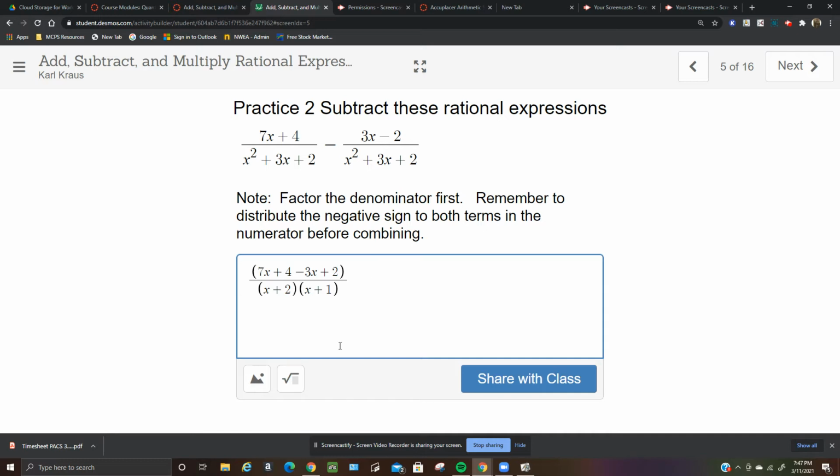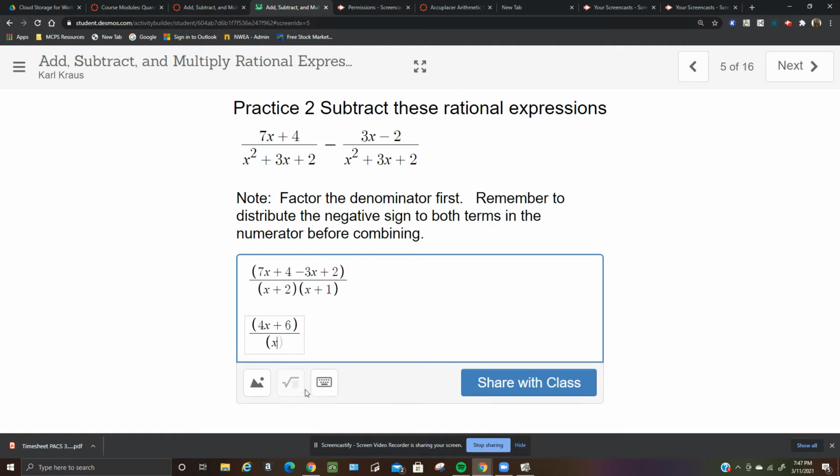So now combining the like terms in the numerator, 7x minus 3x is 4x. 4 plus 2 is 6. And then divided by x plus 2 and x plus 1.